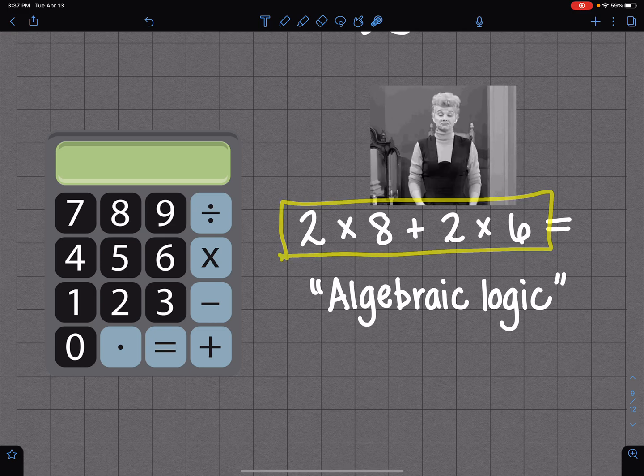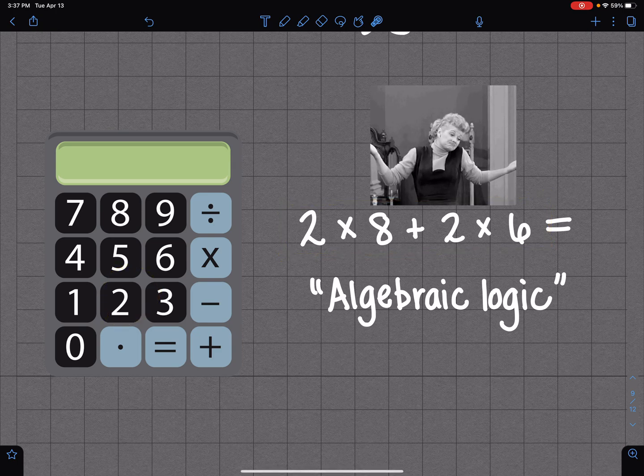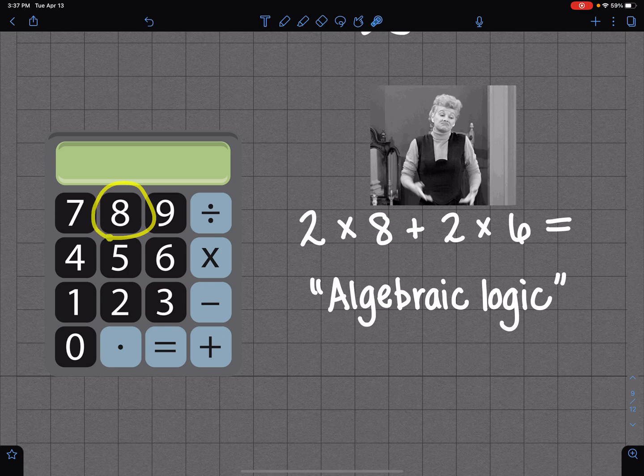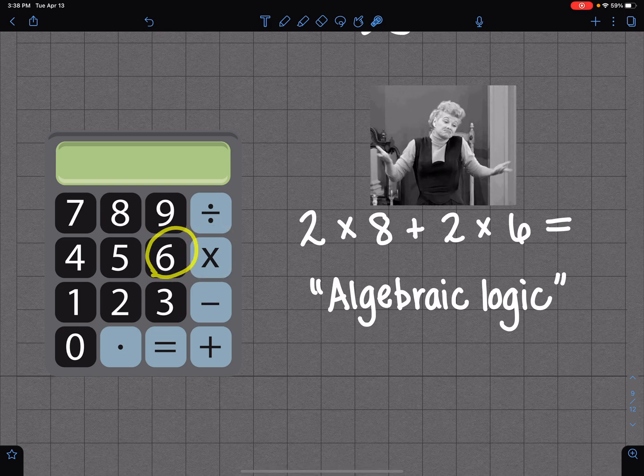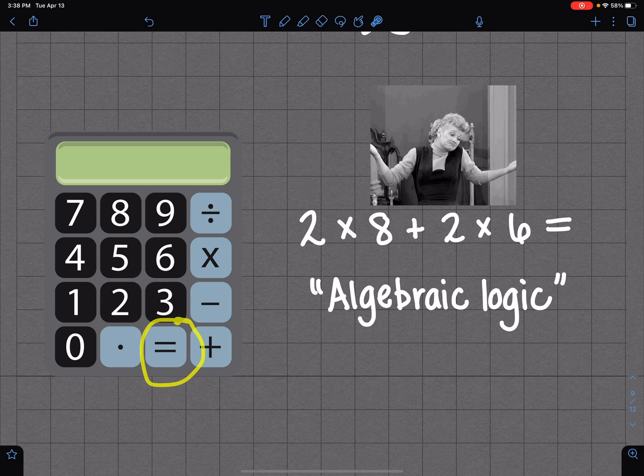So you're going to hit 2 times 8. Don't hit equals yet, just do that. 2 times 8 plus 2 times 6. And then after you've put all of that in, hit your equal sign.